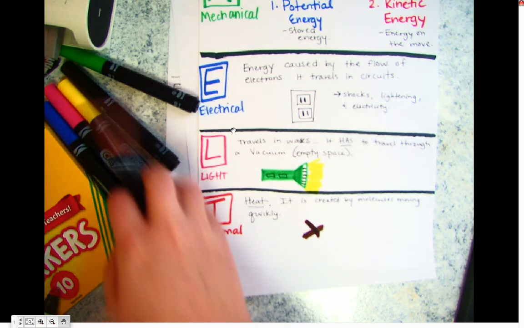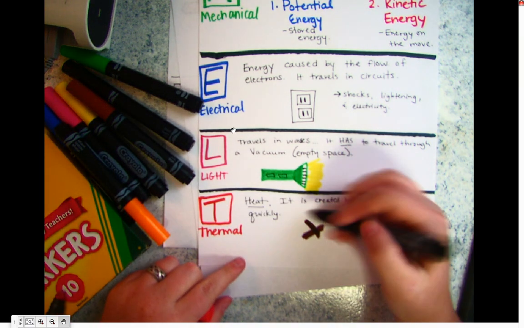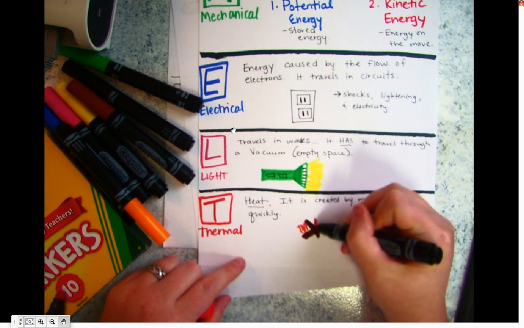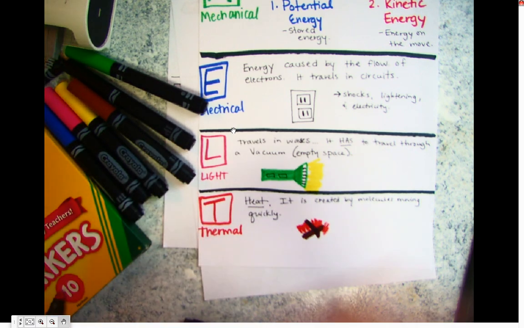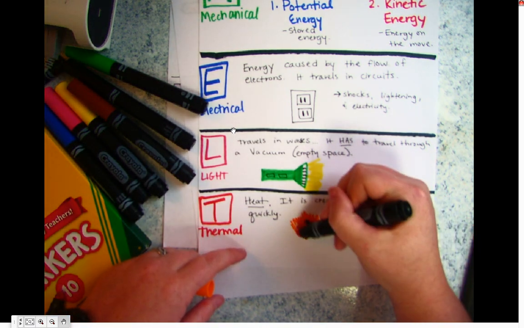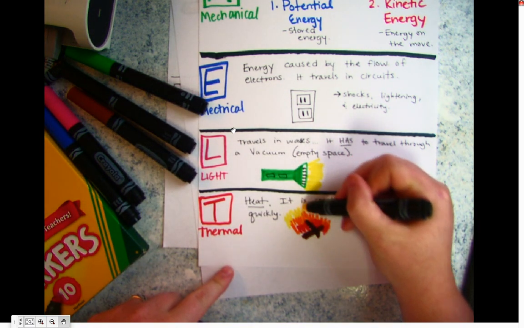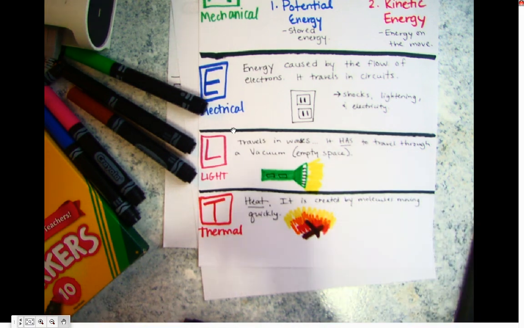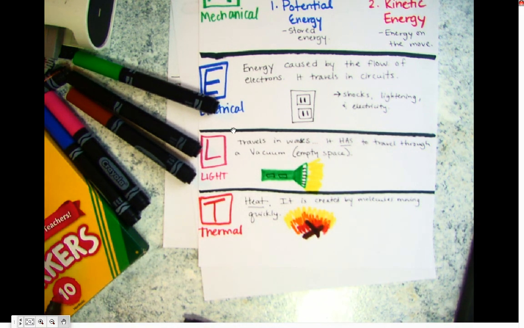And maybe I've got a marshmallow roast going on, right? And all of that heat that I feel is just thermal energy, okay? And believe me, you guys are going to be looking up tons of examples. So that's just not the only one, but there are lots of examples, okay?